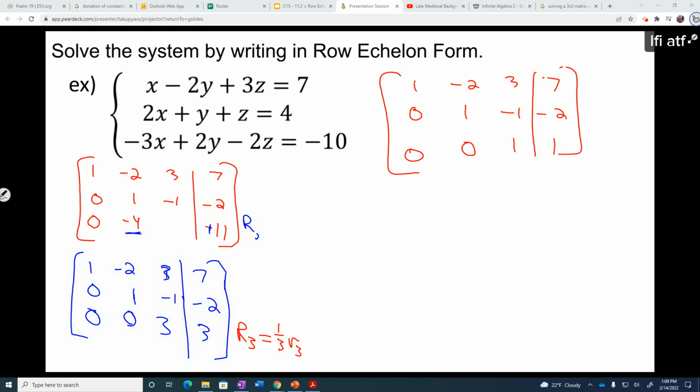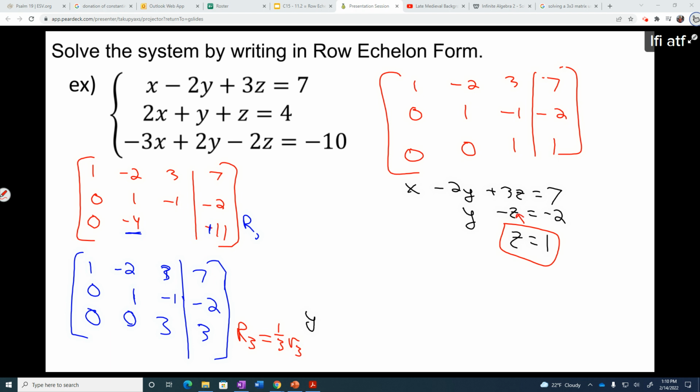Alright, so once we get to this point, we want to write out our equations. X minus 2y plus 3z equals 7. And this is y minus z equals negative 2. Then z equals 1. So we got our first one.